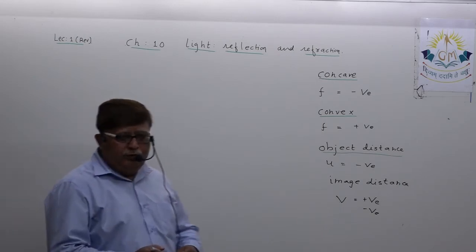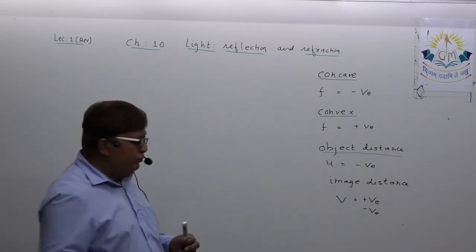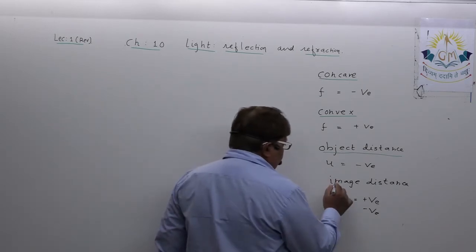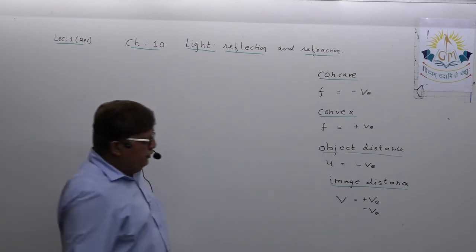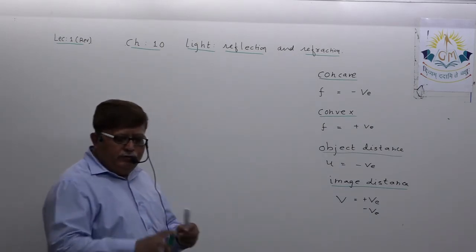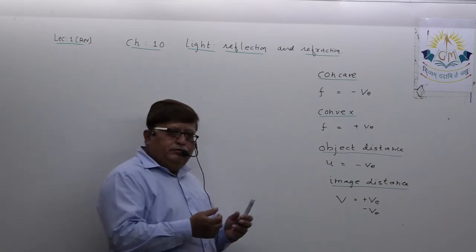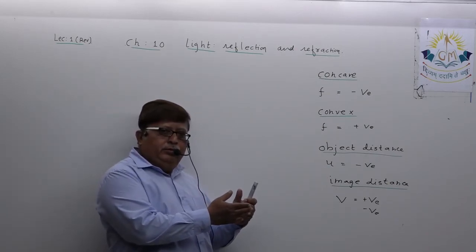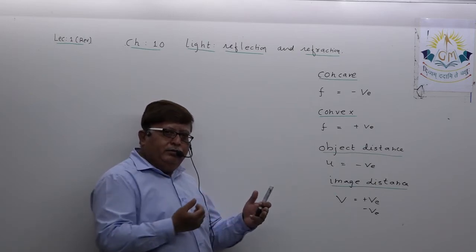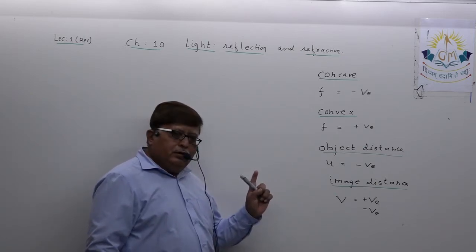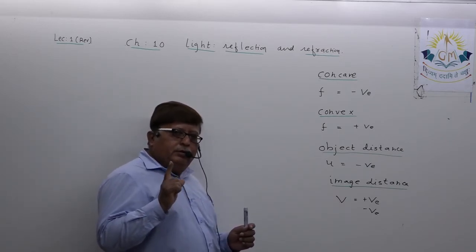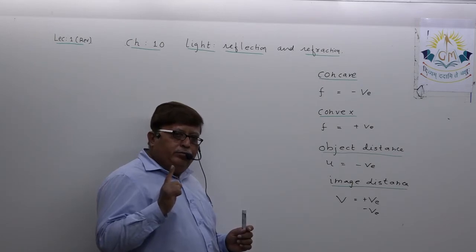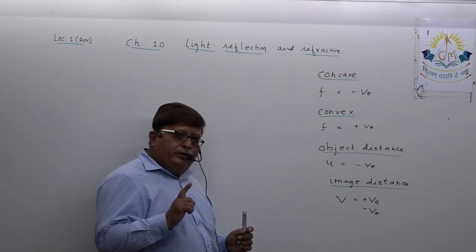Remember this point, because it is going to help you a lot in solving examples. Image distance means the distance between the pole of the mirror and the image, and while solving any example it may turn out to be positive or negative.